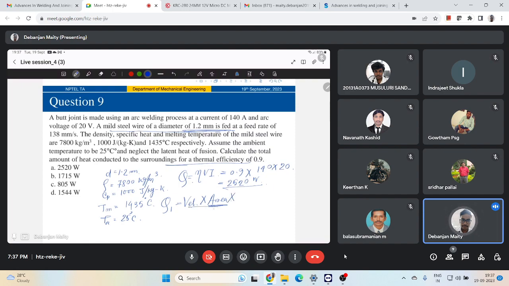So area into velocity, that is giving me the volume per second, right? And that into density, rho into volume, that is m into Cp, that into Tm minus T ambient, right?